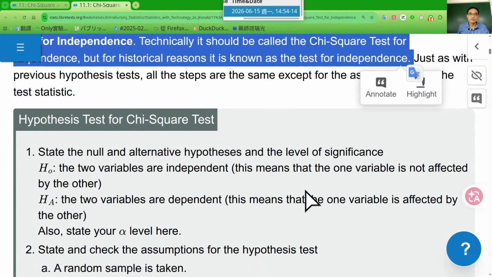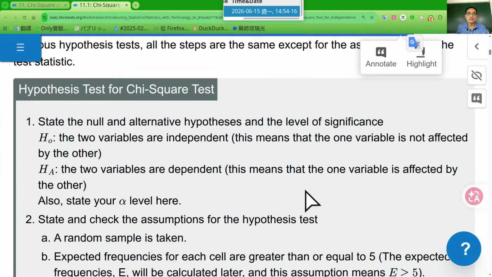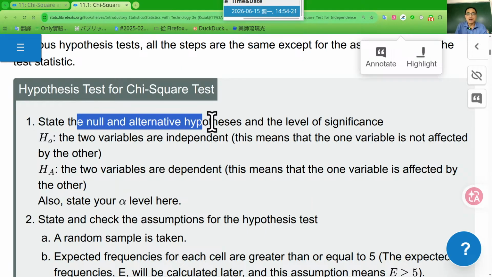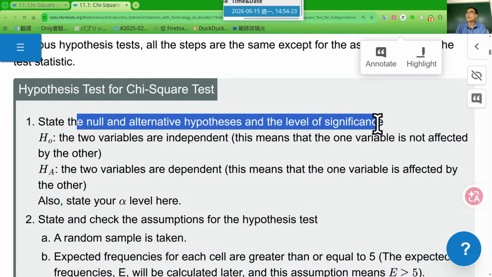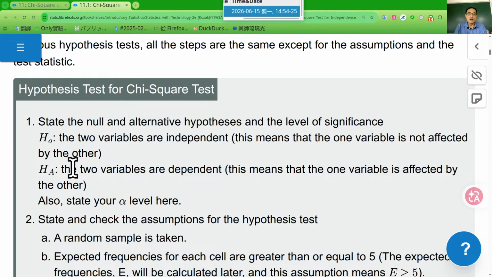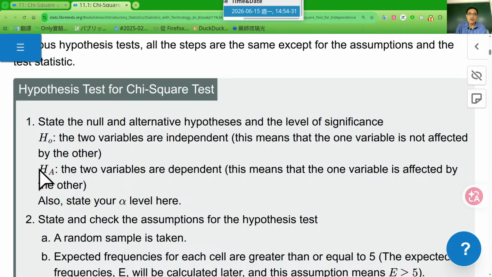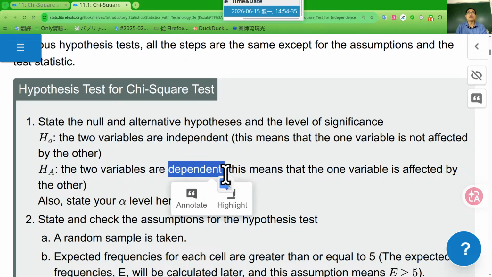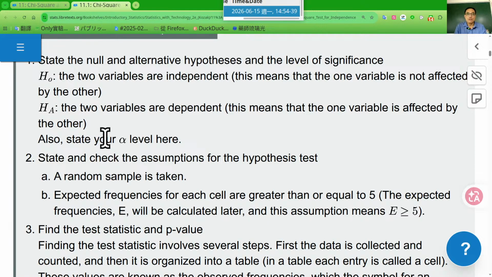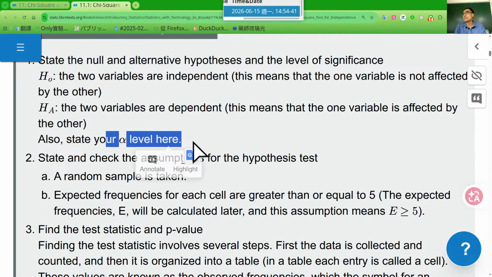Okay, here is the hypothesis test for the chi-square test. State the null and alternative hypotheses and the level of significance. We are familiar with this. Null hypothesis: the two variables are independent. Alternative hypothesis: the two variables are dependent; they have a relationship with each other. State your alpha, generally 0.05, which means 5%.